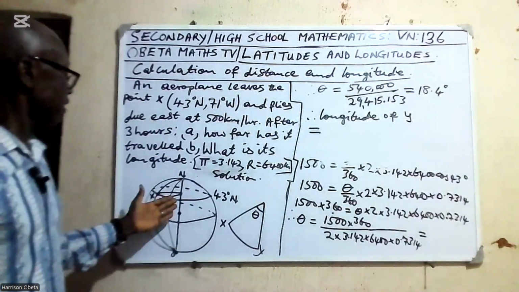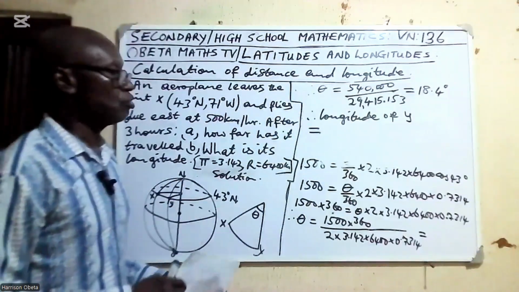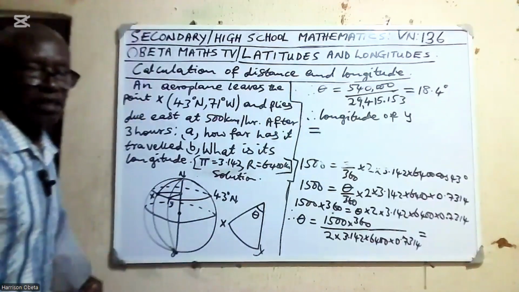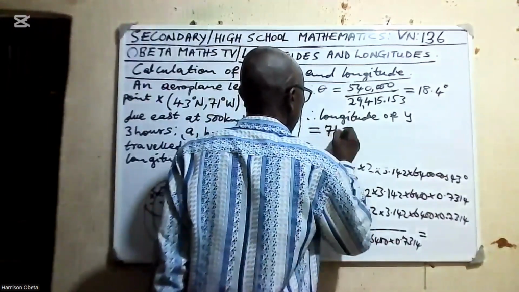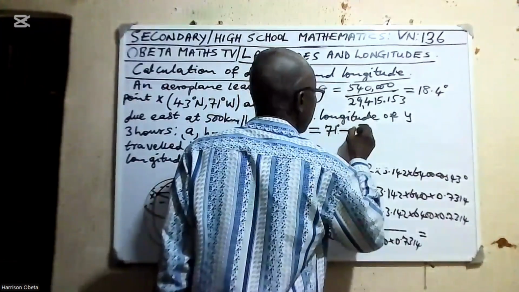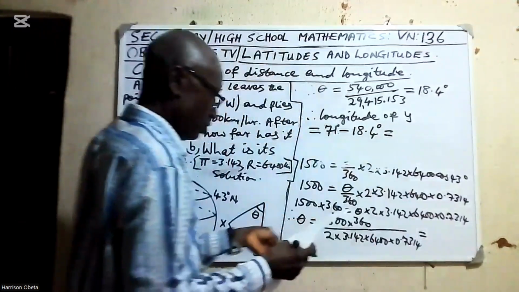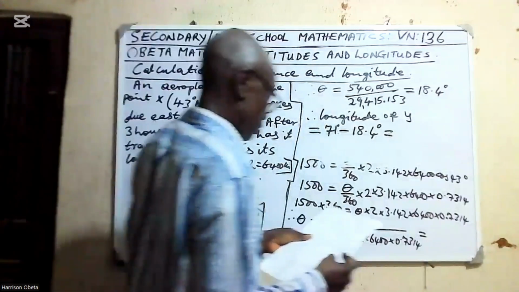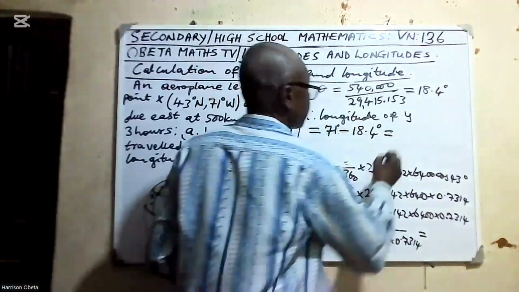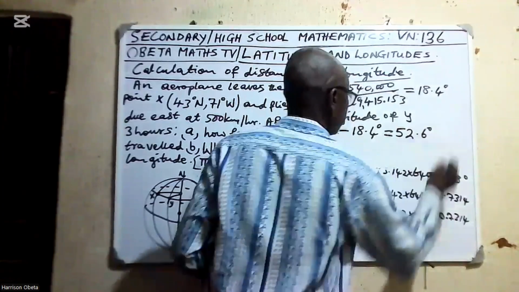Because as you are coming back, it will be decreasing until you get to 0 degree, then it will continue to increase to the right until you get to 180. So that will be 71 degrees minus 18.4 degrees. That will now give us 52.6 degrees.